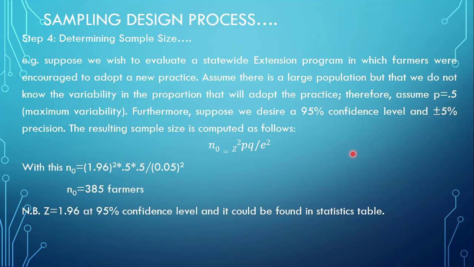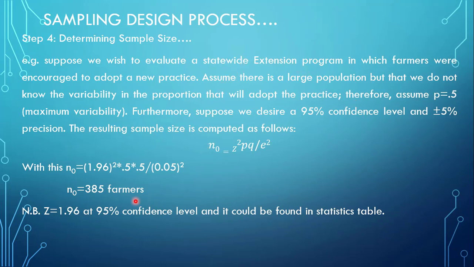So as we said, Q is 1 minus 0.5, which is 0.5. So when you compute this, you'll get 385 as a sample. So you are going to gather data from 385 farmers to draw a conclusion about the population.